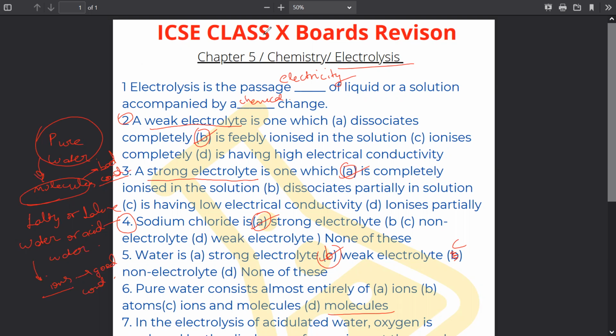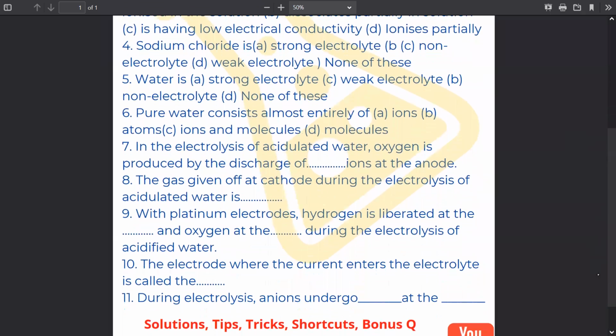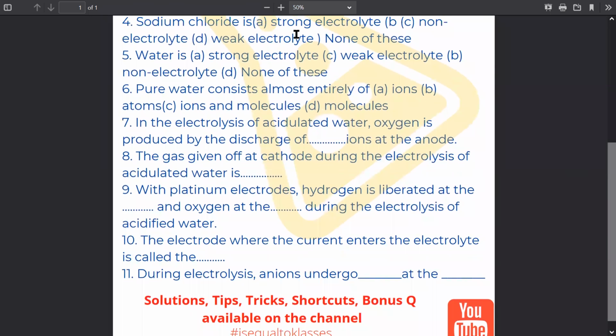Okay. Now, the correct answer would be D: pure water consists almost entirely of molecules. Okay, so moving on. All right. The seventh question, in the electrolysis of acidulated water.